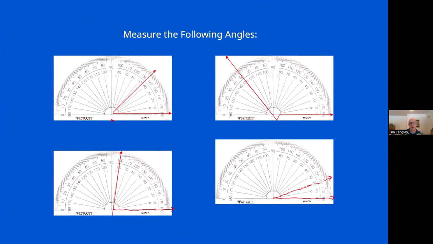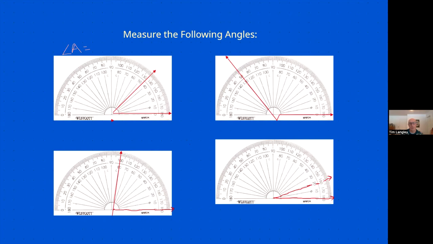It equals, here's my angle symbol. What would you say is the angle for this first one here at the top left? Well, this is where you need to be careful looking at a protractor, as I mentioned way back in lesson 1. You see how there's two sets of numbers? There's the ones that run below, where my arrow is, and then there's the ones that run above, okay?